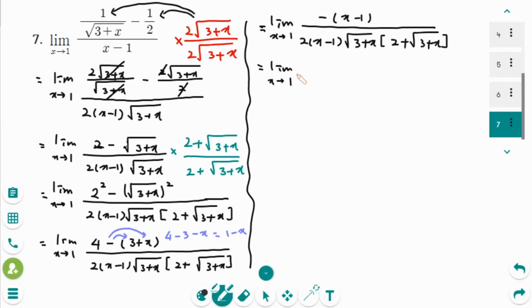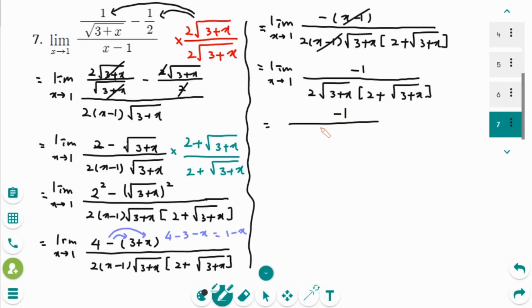Then we can cancel the common factor, which is x minus 1. So it's minus 1 left over 2 times square root of 3 plus x times 2 plus the square root of 3 plus x. And then put 1 into x.